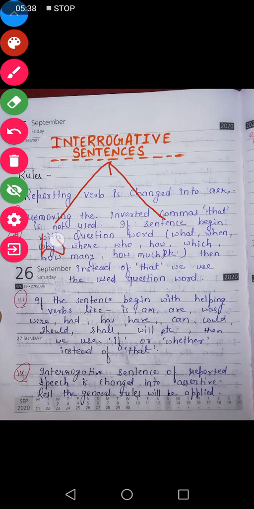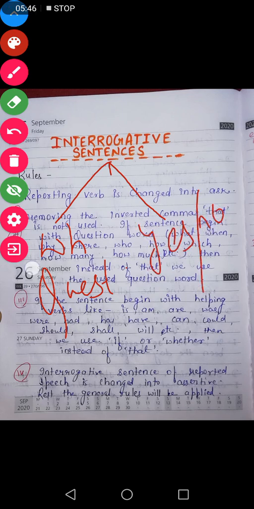One is the WH question and another is the yes no question. Now let us understand what a WH question and a yes no question are, right? WH questions are the sentences that begin with WH words. What are WH words?